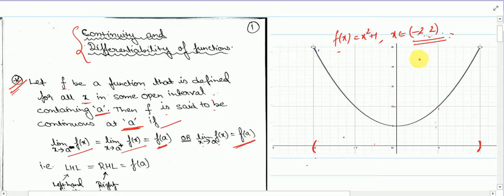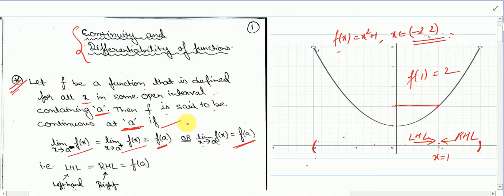So here I tried to explain that only. When I was looking for continuity at x equal to 1, I had approached 1 from the right hand side, that means I was looking for the right hand limit, and once I had approached x equal to 1 from the left hand side, that means I was looking for the left hand limit, and we saw that left hand limit and right hand limit came to be 2, and also f of 1 came to be 2.